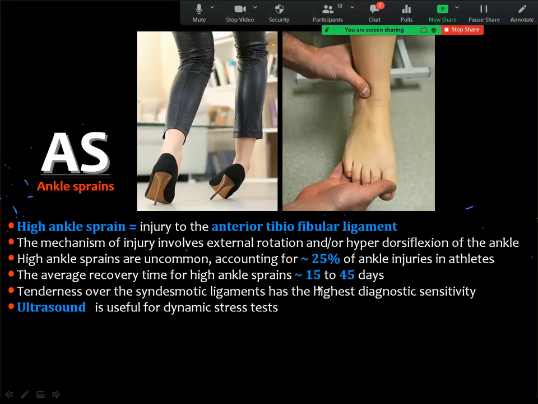It takes somewhat longer to recover, from 15 to 45 days, and there is tenderness over the syndesmotic complex. You know that the syndesmosis is the attachment between the tibia and the fibula. If you got tenderness here, this is one of the diagnostic criteria.